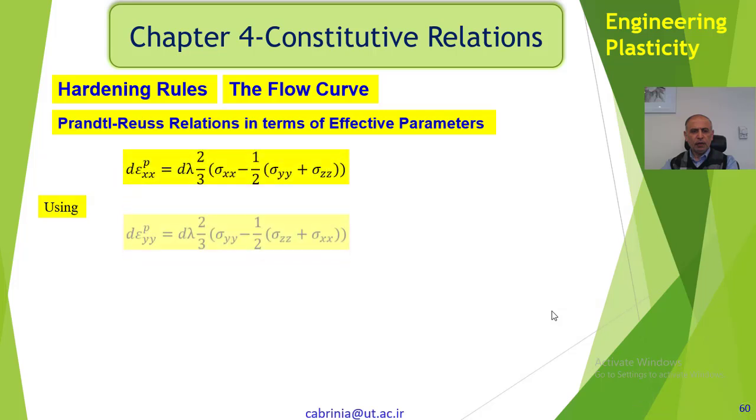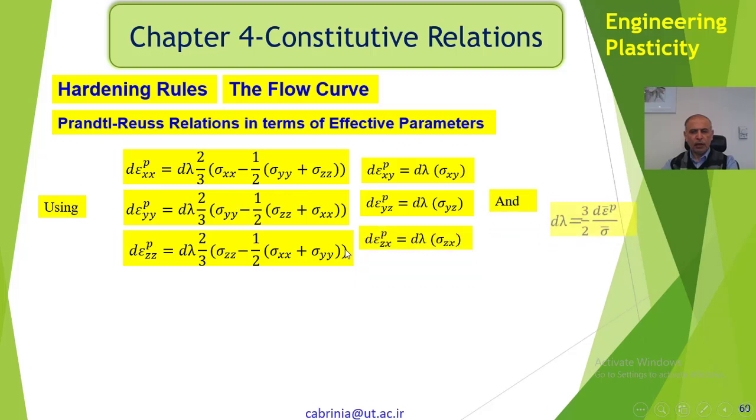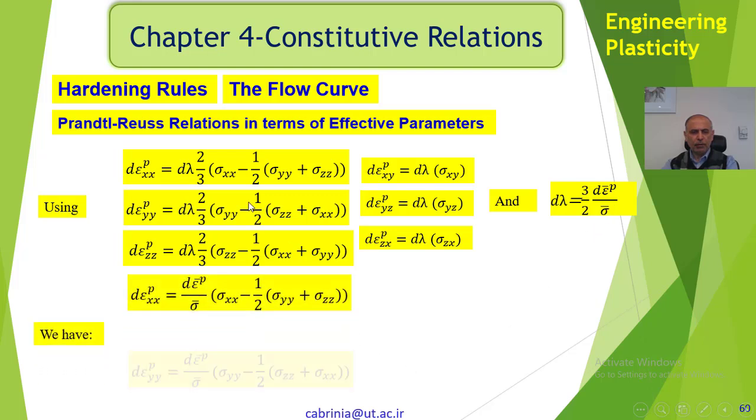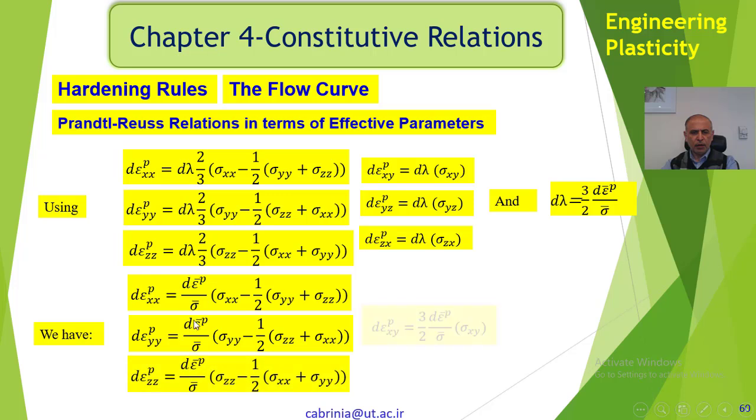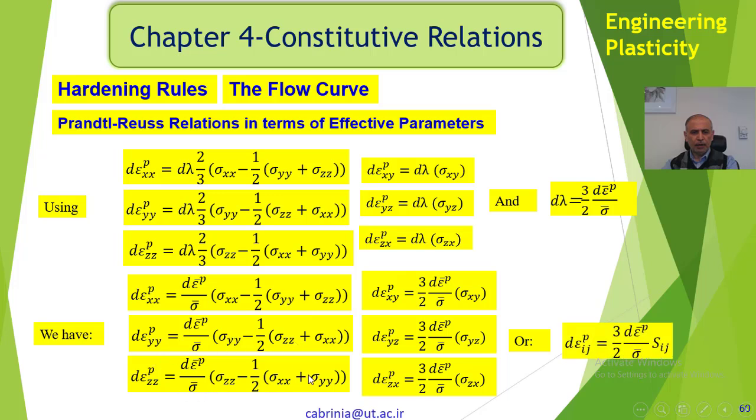And using these equations that we had before, and the plastic multiplier that I have just obtained, we can substitute this for lambda and we get these equations like that.